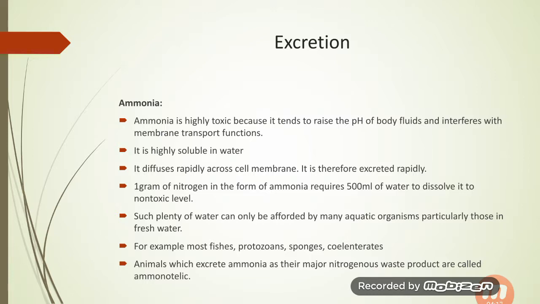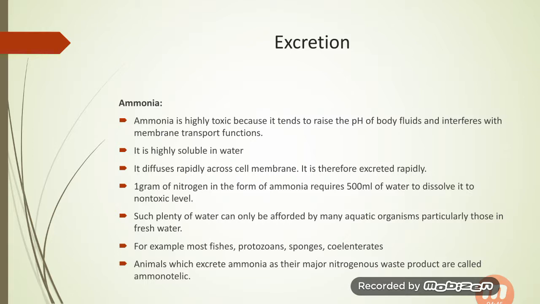Such plenty of water can only be afforded obviously by the aquatic organisms, particularly those which live in fresh water. Because you know, in the previous topic we talked about the freshwater organisms and the marine organisms, and we also discussed that fresh water is diluted water which contains less amount of salts and solutes.